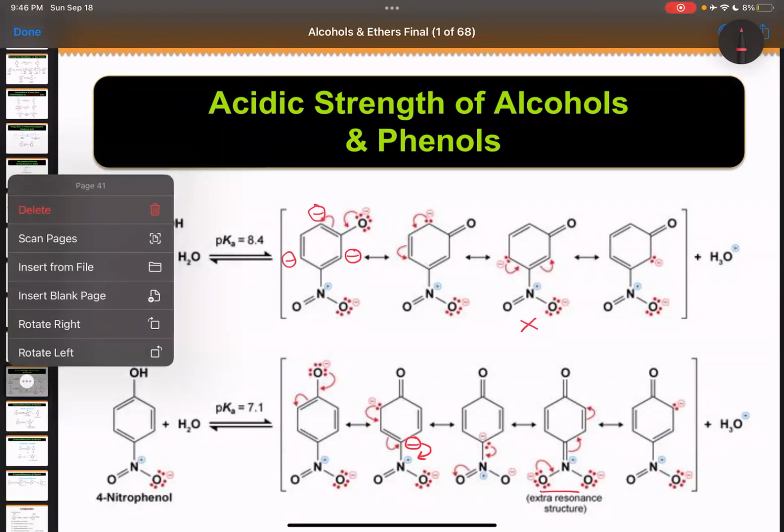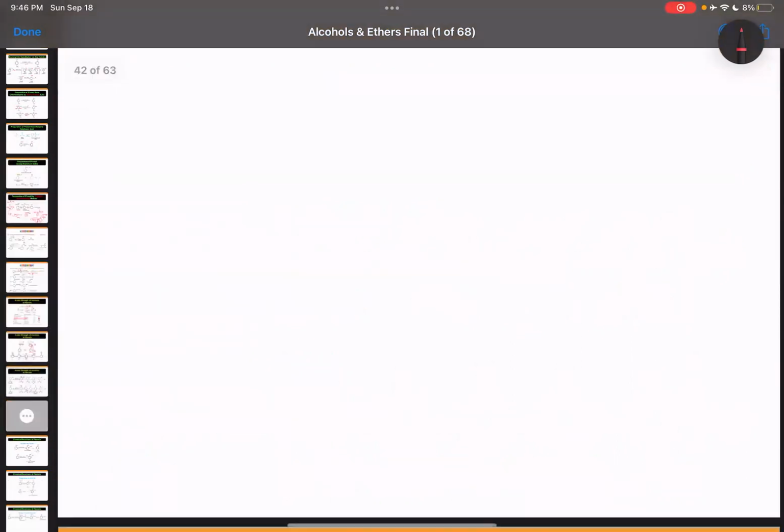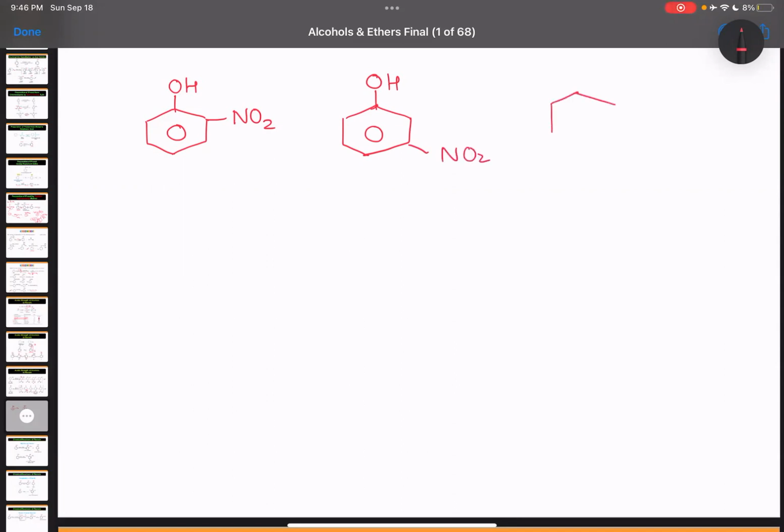Yes, sir. So what's going to be the acidic strength of orthonitrophenol, metanitrophenol, and paranitrophenol? This was a question I have not put here actually, but it was given in NEET.